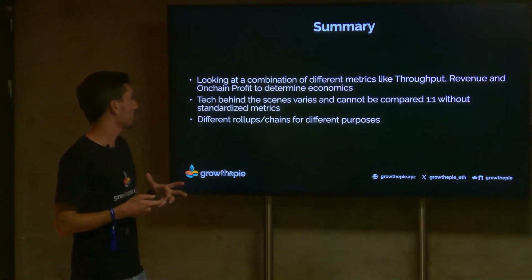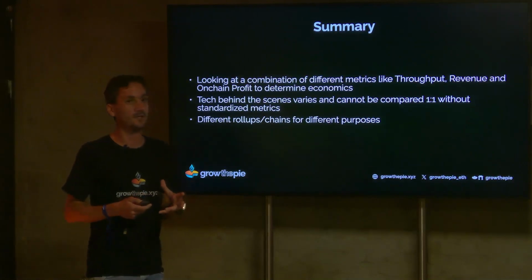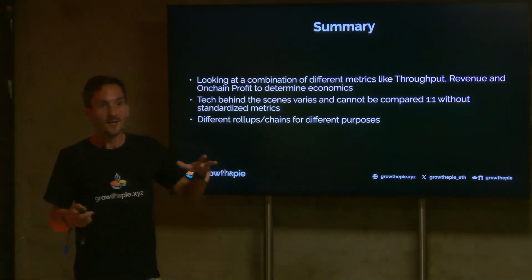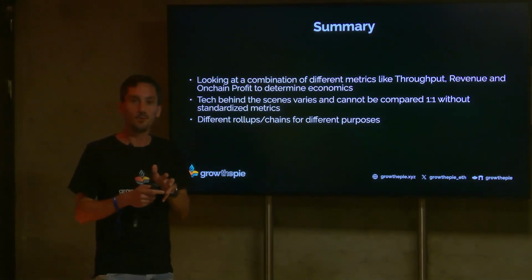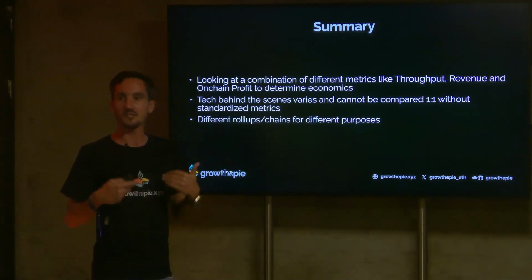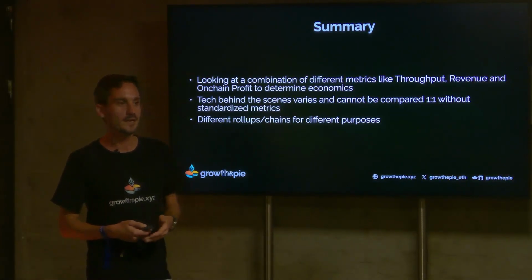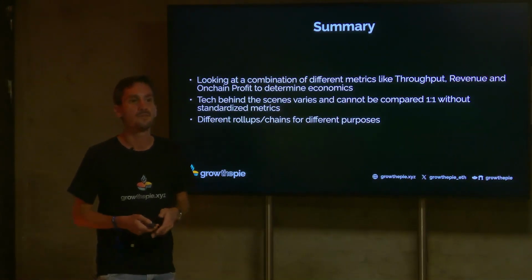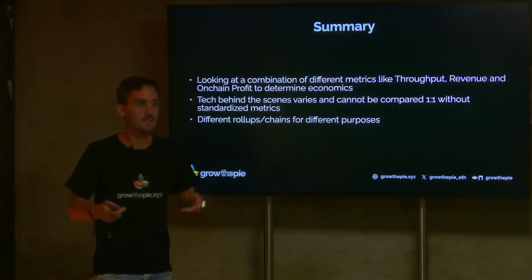And that's the whole point where we, as Grow the Pie, believe in a world where users can literally choose their different layer 2s and layer 3s, and there will be very purpose-built layer 2s, layer 3s, whatever stack you use.